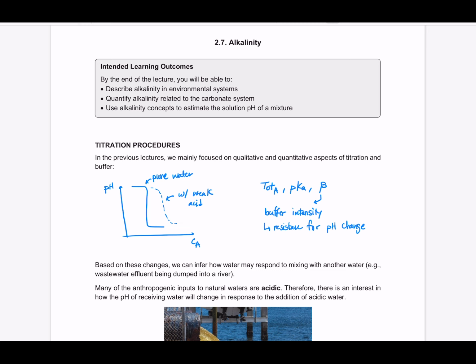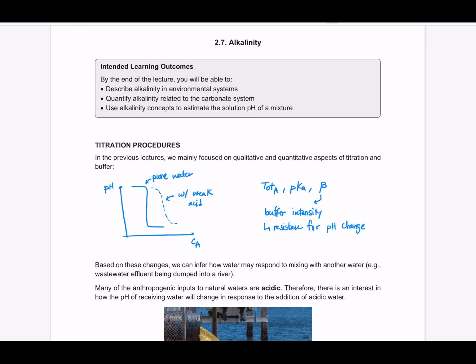As I mentioned in the first lecture, titration is all about mixing. You have something that is known added to something that is unknown. We specifically focused on titration because we were interested in how the system reacts when adding strong acid or base. But the same concept can be applied to any mixing in an environmental system.